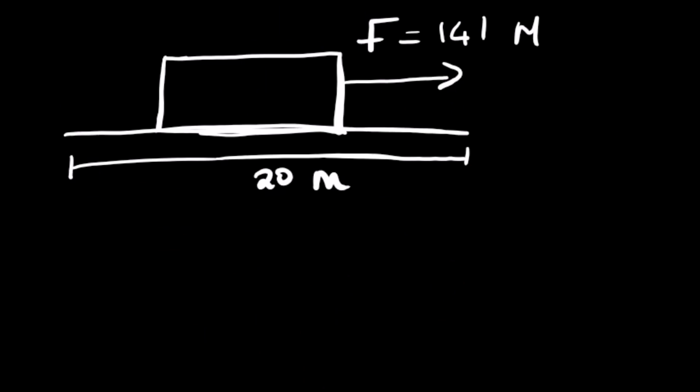Now let us look at this example. We are given an object which experiences a force of 141 newtons, and the displacement of this object is 20 meters. Now we need to calculate the work done by this force onto the object. So we start by writing our equation.